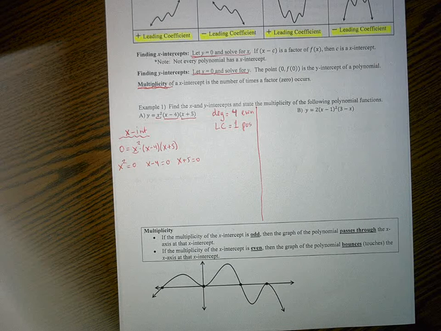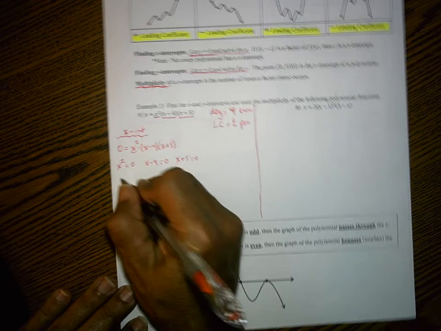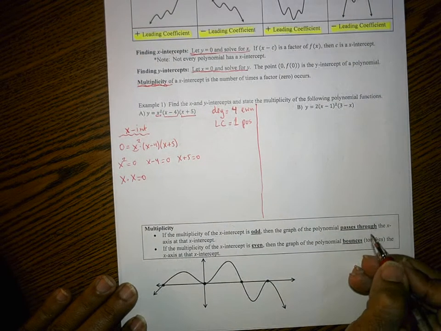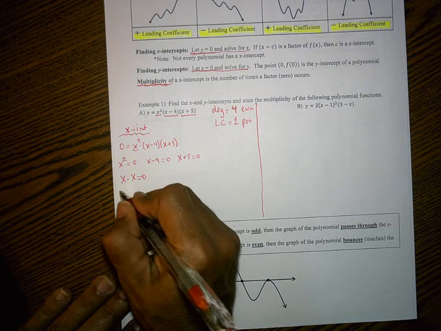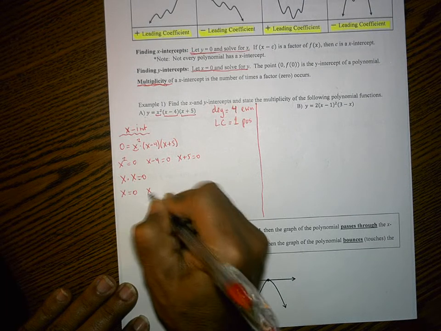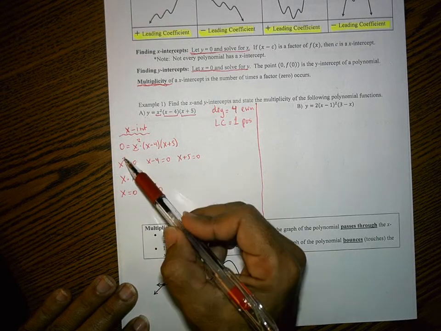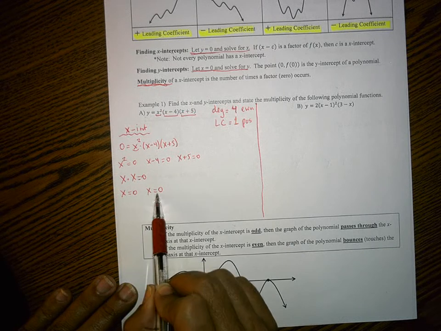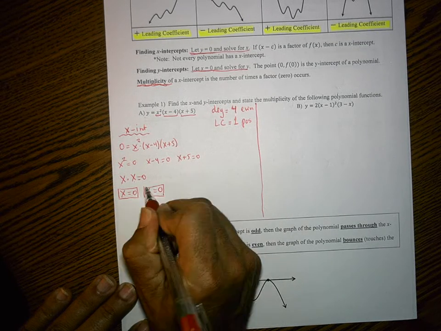I have an x times an x equals 0, so that means I have 2 factors equal to 0. I set each of them separately equal to 0. Anything that's squared is happening twice. So there it is, x times x. I set each of them equal to 0 and solved for x. There's 2 of them.